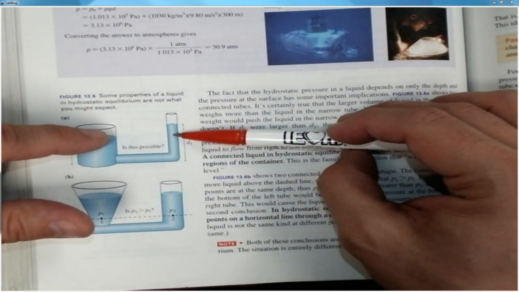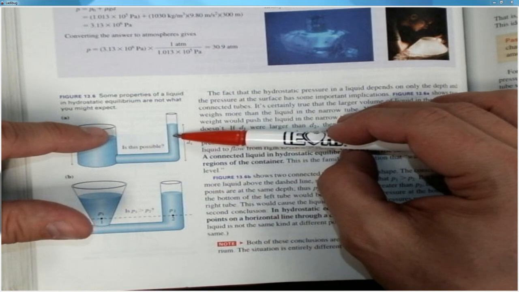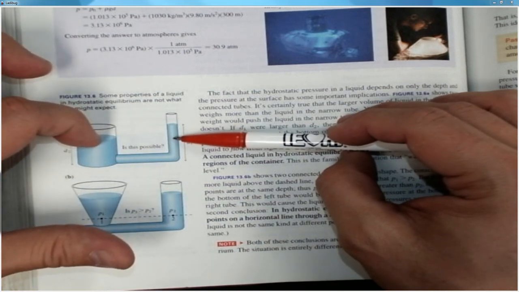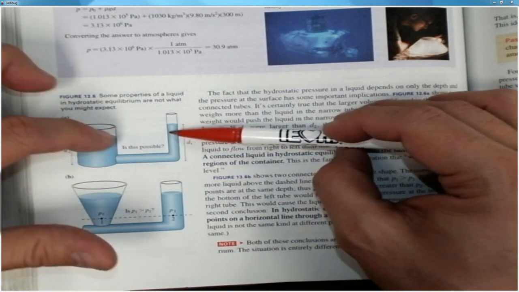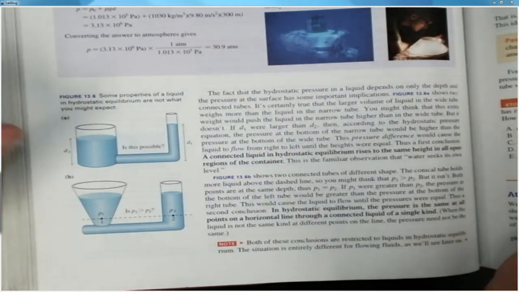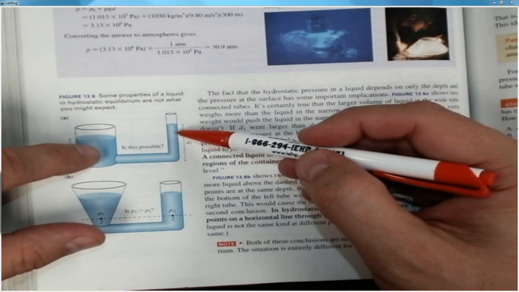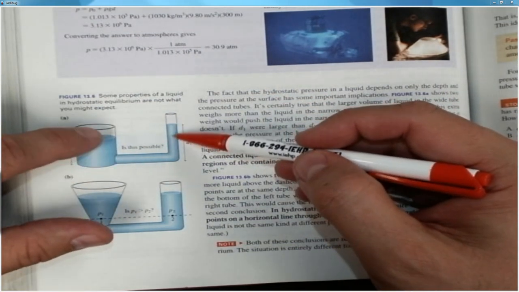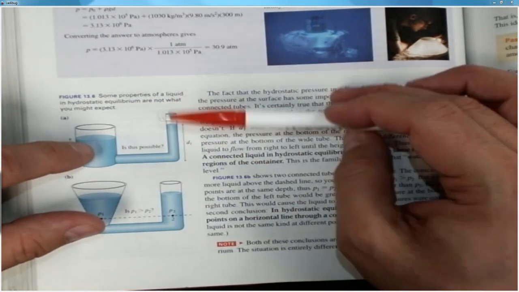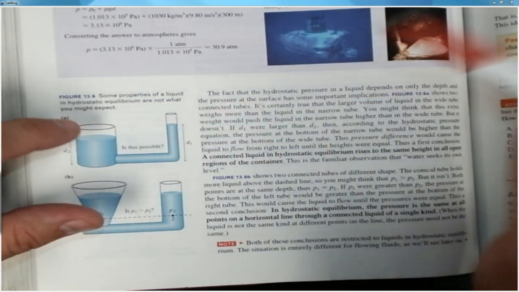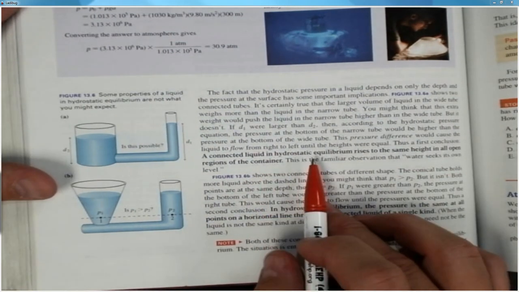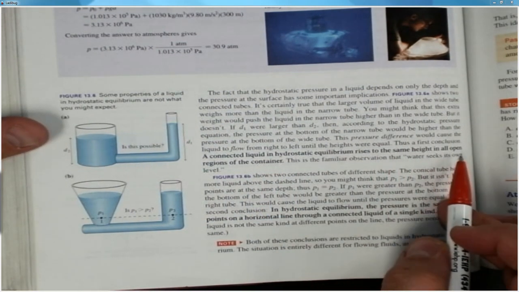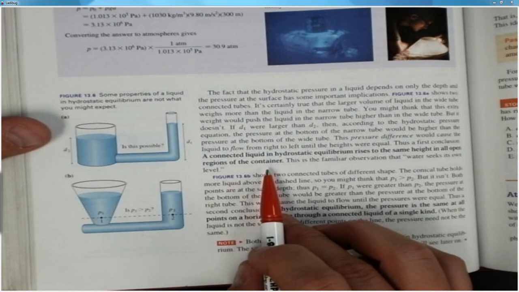And then if this tried to keep going up, there would be a net downwards force on this side, and it would push this back up. Everything's going to be in equilibrium, no matter how oddly shaped the container. And you will get AP questions like that on your test. You may have some oddly shaped pictures, but the liquid is always going to go to the same level. A connected liquid in hydrostatic equilibrium rises to the same height in all open regions of the container.